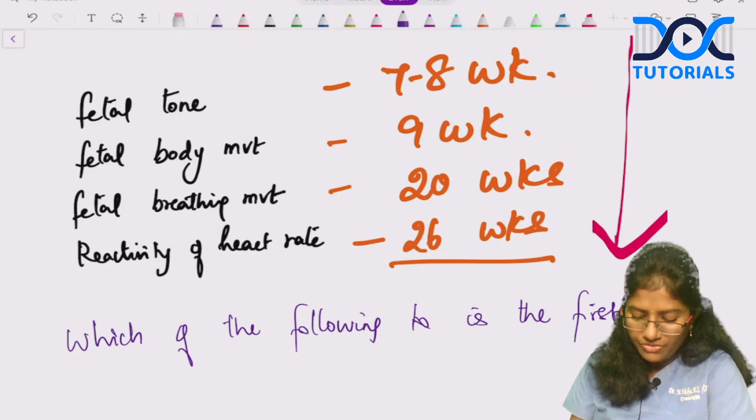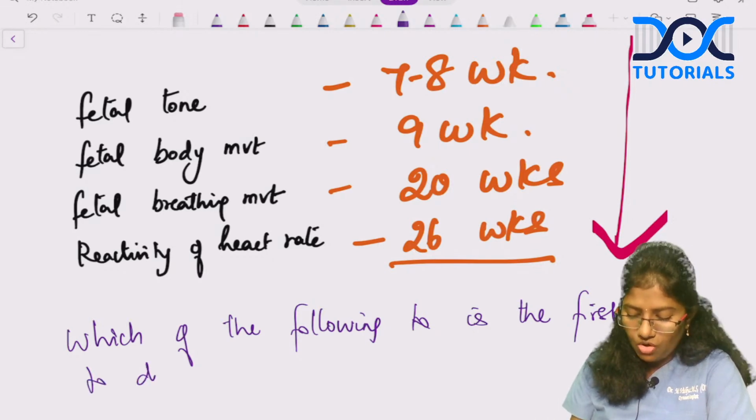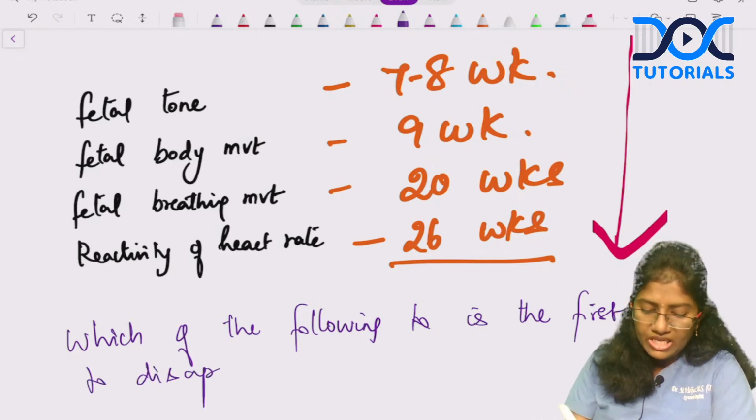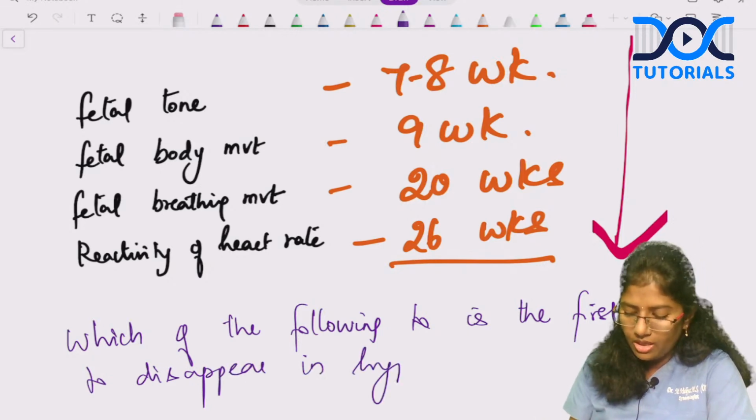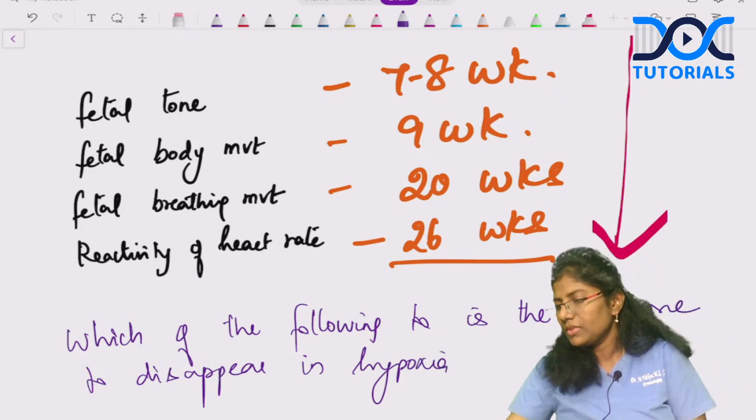Let's say this is option A, this is option B, this is C, and this is D. What is your answer here?